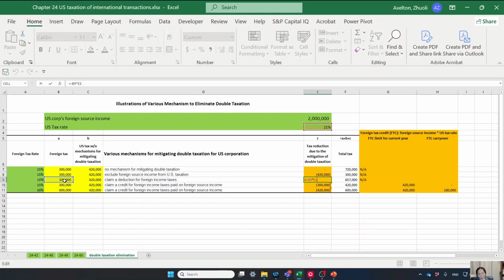So essentially, I would get a deduction on the $300,000, and the tax effect will be the $300,000 times the 21%.